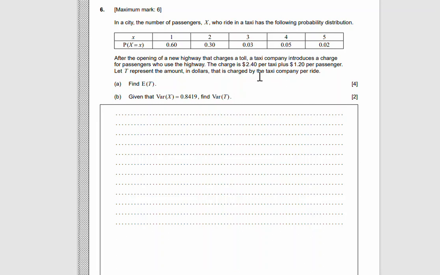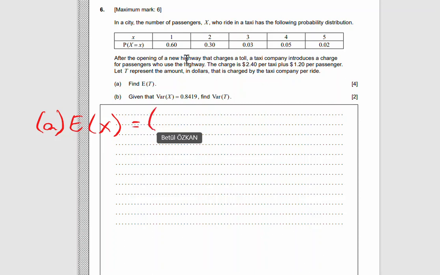For question A, let me start from here. E of X will be equal to the number of passengers multiplied by the probability, one by one.